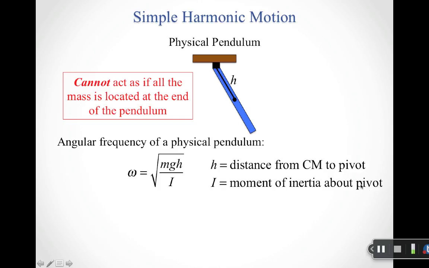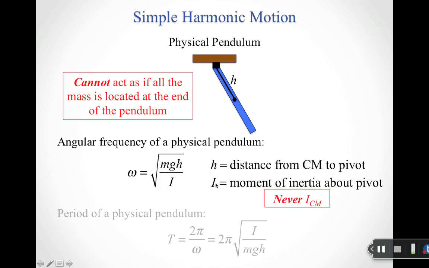And I is our moment of inertia about the pivot. The reason I bring up the parallel axis theorem is that this moment of inertia can never be the moment of inertia about the center of mass, or else your physical pendulum wouldn't oscillate. To have a physical pendulum, you have to have an h here, which means you're going to need to use the parallel axis theorem to figure out what that moment of inertia is.